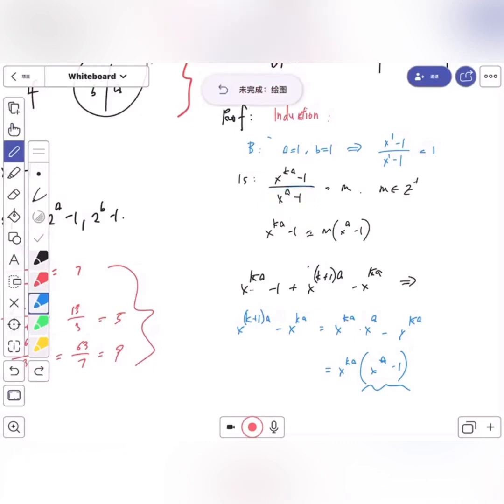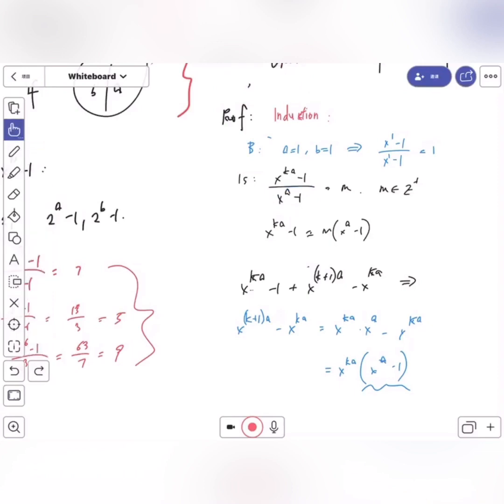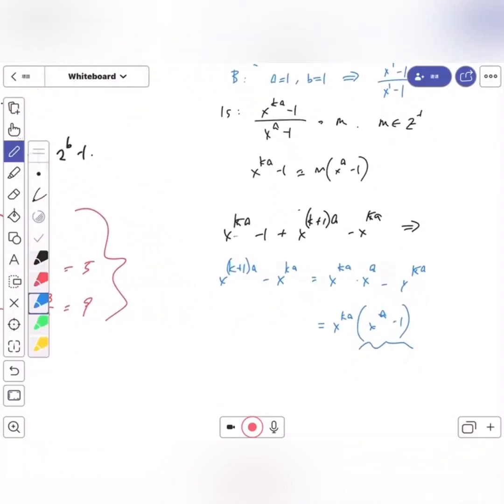So therefore, our proof is essentially complete, because we already showed that this part is a multiple of x to the a minus 1. So for all integers k and a, this one would actually be true.